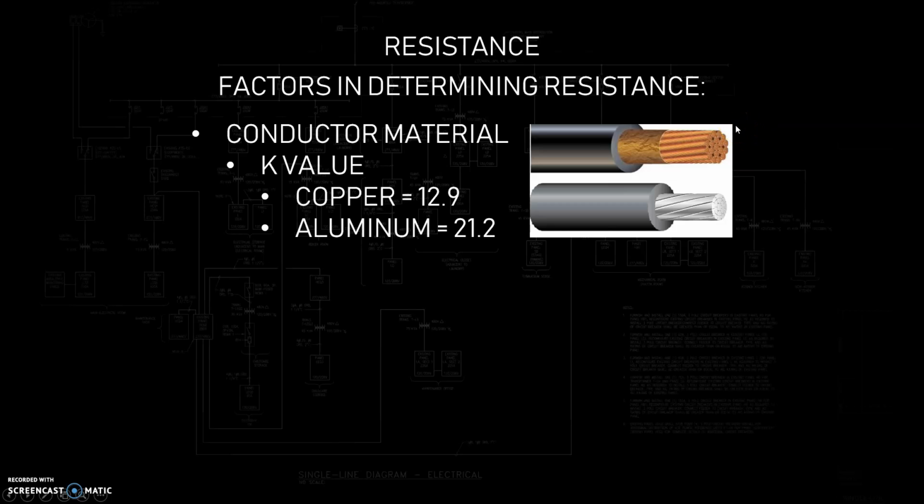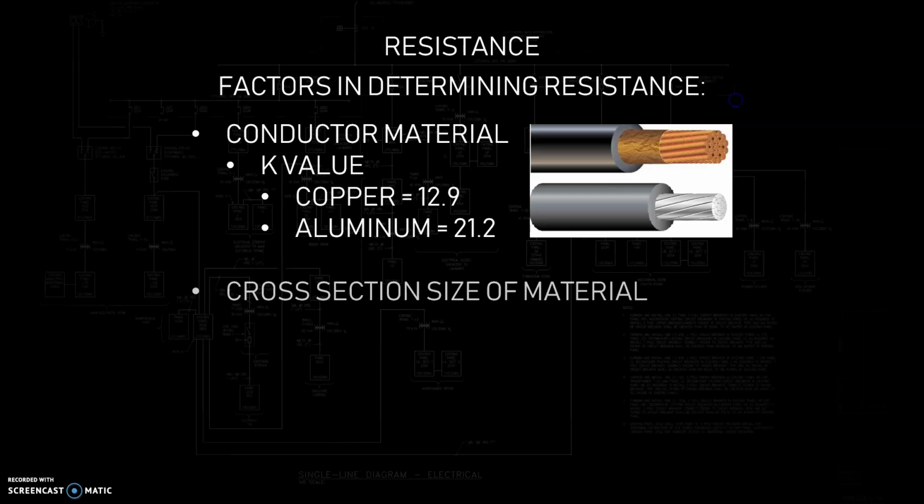You're going to see different problems and questions in the text, and sometimes they'll give you a K value. If they give you the value, go ahead and use that. And in fact, I think in all cases the text does give you a K value. But in a real world application, if you're dealing with copper, 12.9, aluminum, 21.2. When we do voltage drop calculations, we'll really get into that. We'll need to know that K value, but for now, just keep that in mind.